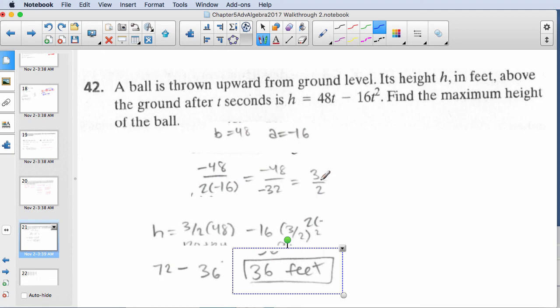That simplifies to 3/2. Go ahead and plug in 3/2 again for t, and this is going to give us 3/2 times 48, which is the same as 3 times 24, or 72. 3/2 squares out to 9/4. 9/4 times 16 will be 36. 72 minus 36 will give us a height of 36 feet.